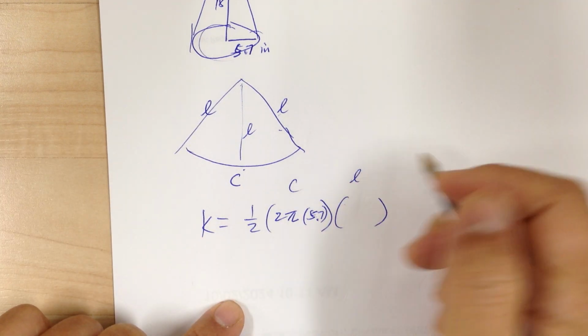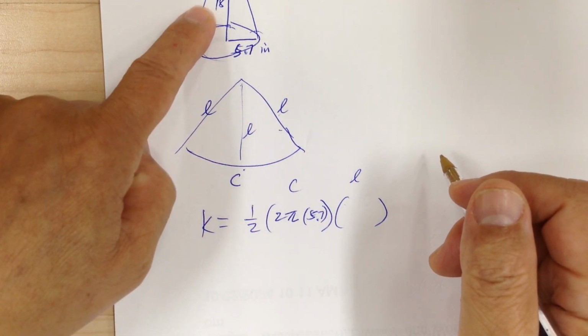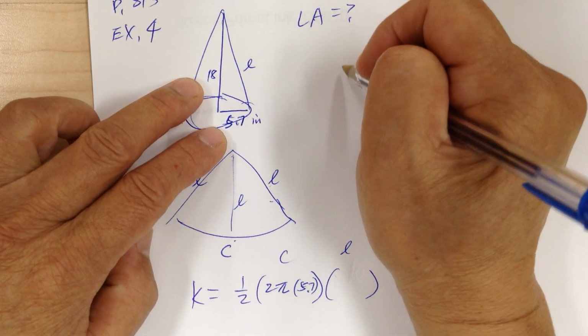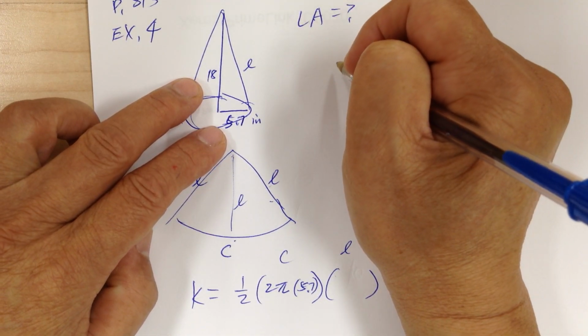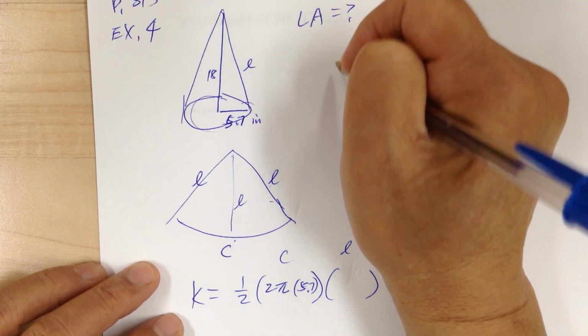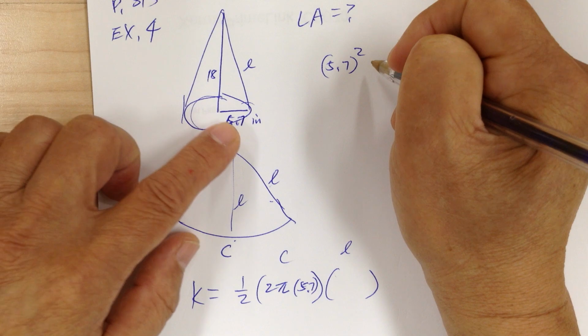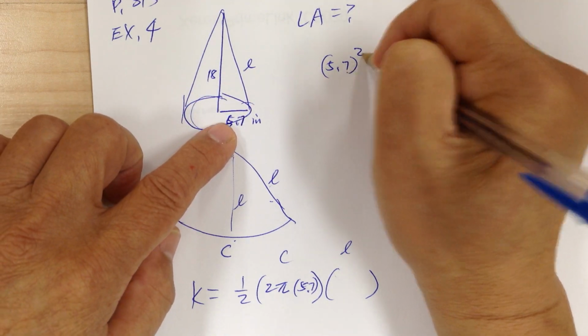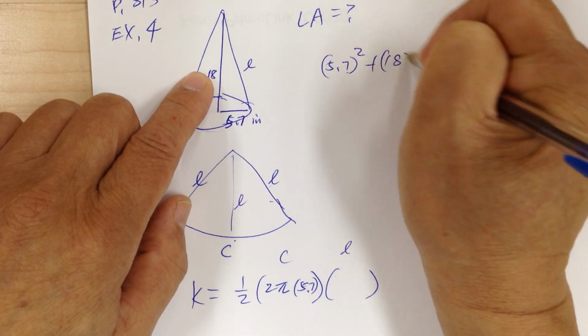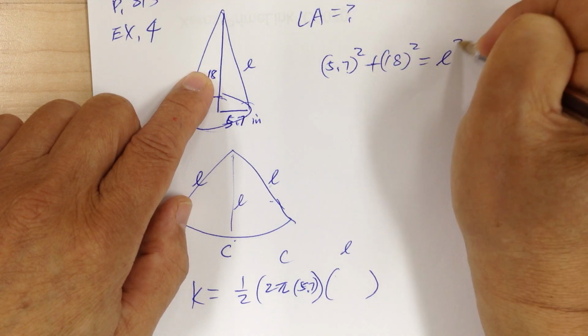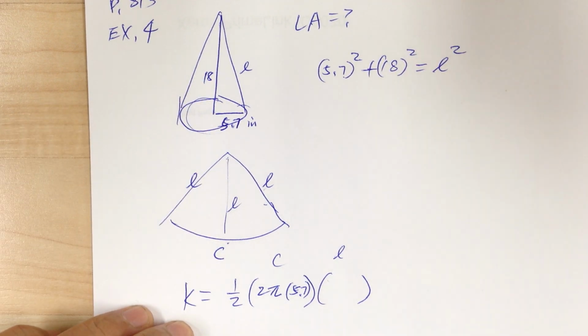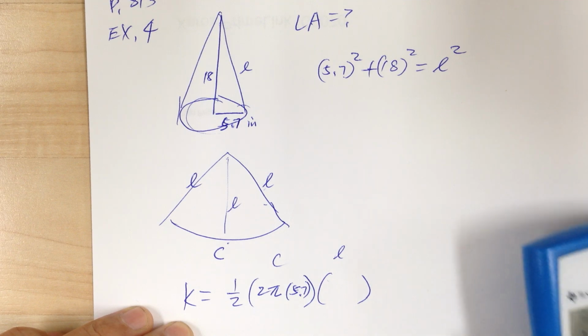Okay. The L, you have to use the Pythagorean theorem. This one is not a nice number, so a squared plus b squared equal to c squared. Okay, the Pythagorean theorem. So go and work it out.